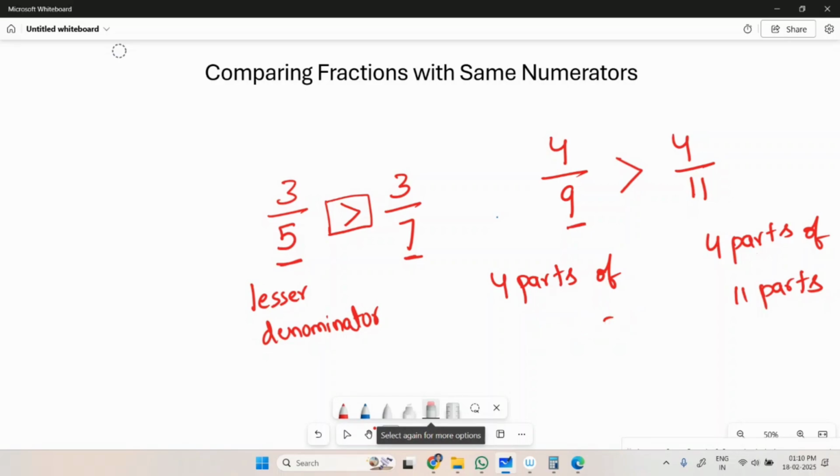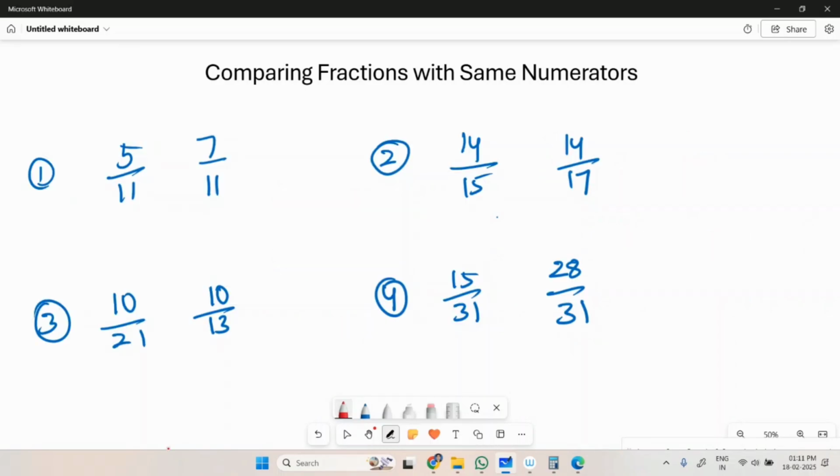Let's compare few more fractions. Here, in the first question, both the fractions are having same denominators. We compare the numerators. Which is bigger numerator among 5 and 7? 7. So 7 upon 11 is bigger. And in the second question, we have same numerators. So the lesser denominator is the greater fraction.